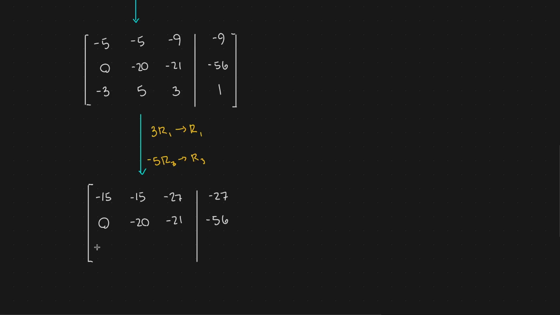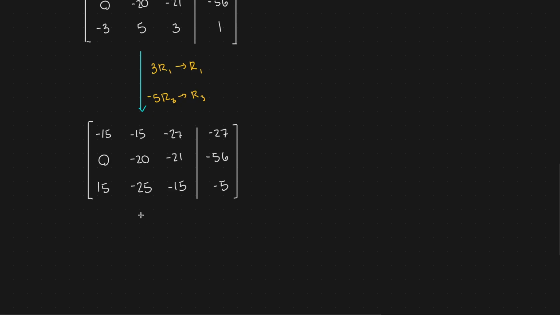Row 3 becomes, I'm going to multiply row 3 by negative 5, so I get positive 15, negative 25, negative 15, negative 5. And now that I have the same number but opposite signs, I'm ready to add these two rows together. Let's add row 1 with row 3. That'll be my new row 3.